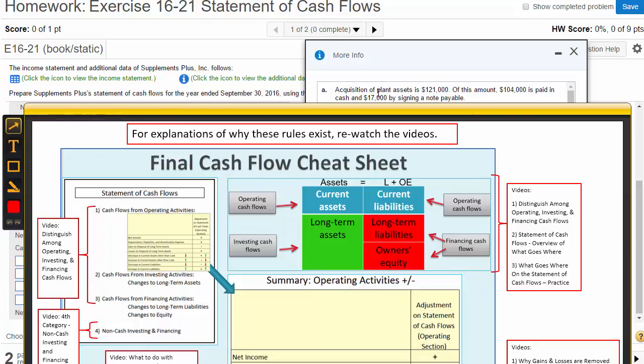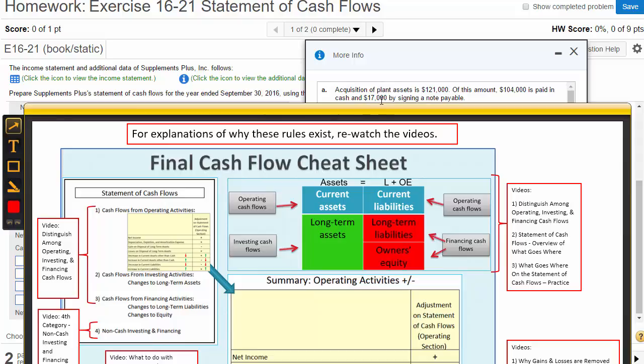So the first one, we acquired plant assets, $121,000. But not all that was cash. Of that amount, $104,000 is paid in cash and the rest by signing a note payable. So this $17,000 is an investing and financing activity, a non-cash investing and financing activity. If my accounting lab allowed us to go to that section now, we could put it there, but it does not.